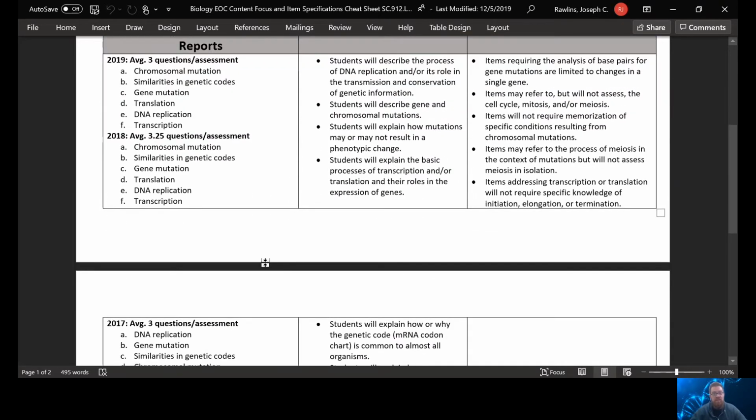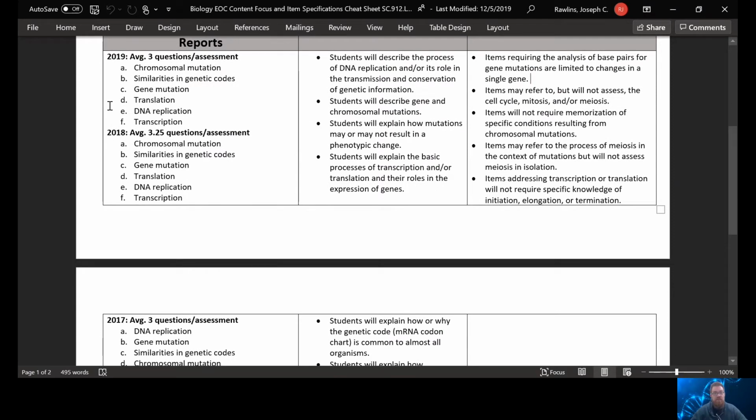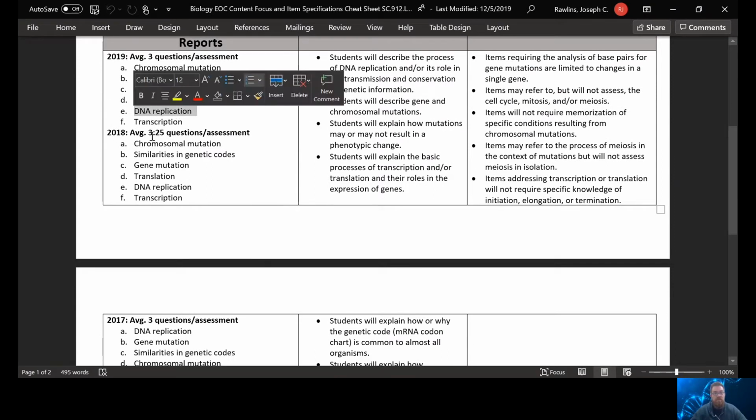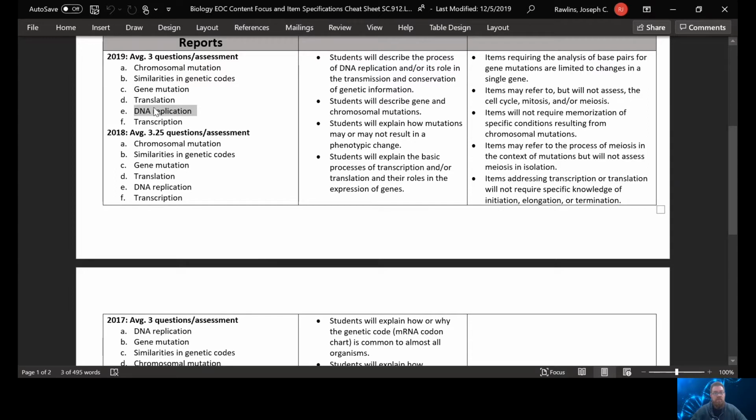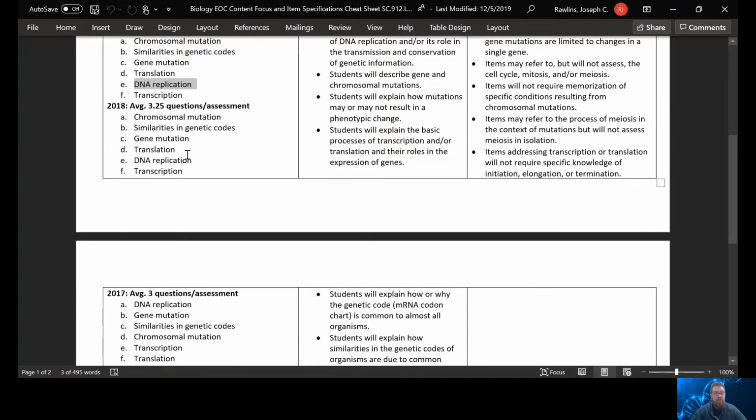Now, on the past of the EOCTs, you'll notice that in 2019, there was one question on DNA replication. 2018, same thing. But some of the topics that we'll get into with DNA replication affect the others as well. It'll affect how well you understand things like transcription as we turn from DNA into RNA.